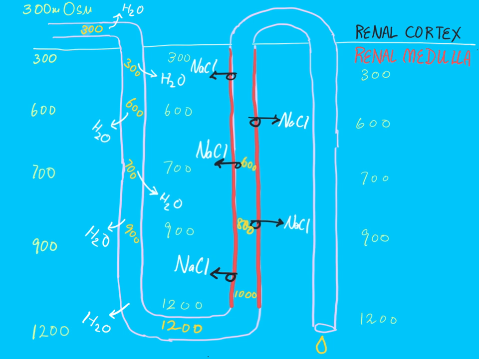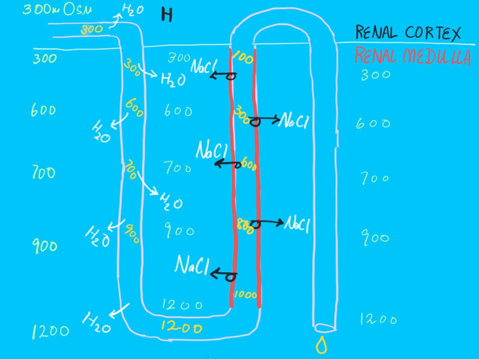So we go from 1000 to 800 to 600 to 300 all the way to 100. 100 osmolarity is hypotonic to body fluids. So when the fluid enters the DCT, it is hypotonic at 100, whether or not we're dealing with a hot day or a cold day.